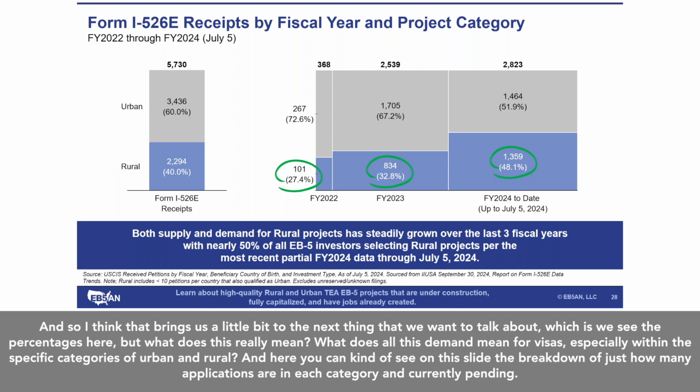And so I think that brings us to the next thing we want to talk about, which is the percentage. We see the percentages here, but what does this really mean? What does all this demand mean for visas, especially within the specific categories of urban and rural? Here you can see on the slide the breakdown of how many applications are in each category and currently pending.